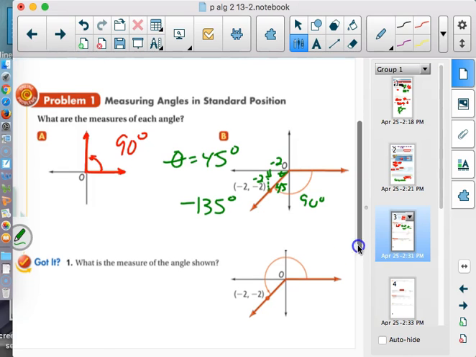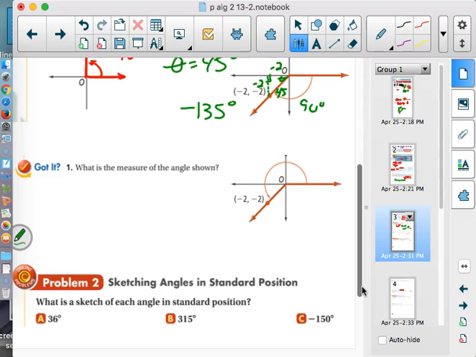Got it down here says, what is the measure of this angle? Well, we go through the same thing and say, you know what? There's my reference triangle. Hey, this is 45 degrees in here. Is that -135? No, it's not.